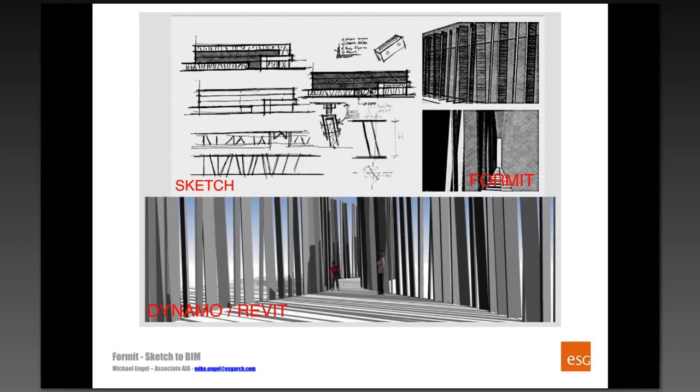And then as another example, this takes FormIt in a slightly different direction, but again the ability to start with a sketch digitally, bring that into FormIt, study some ideas, and then use some other Autodesk tools that have come out recently, like Dynamo. I can understand my sketch really quickly and get one iteration.